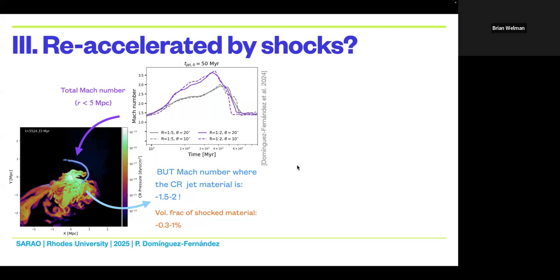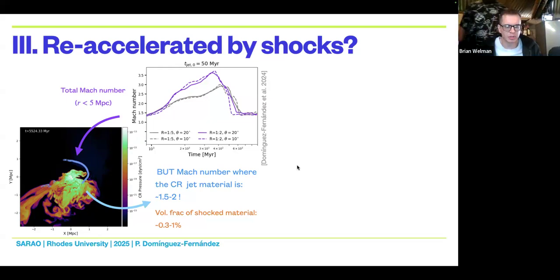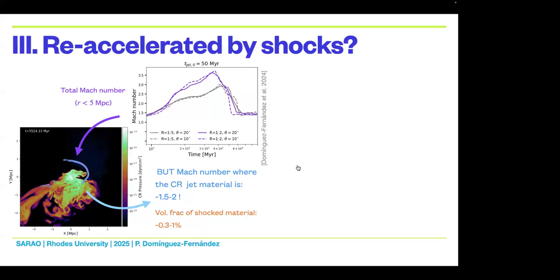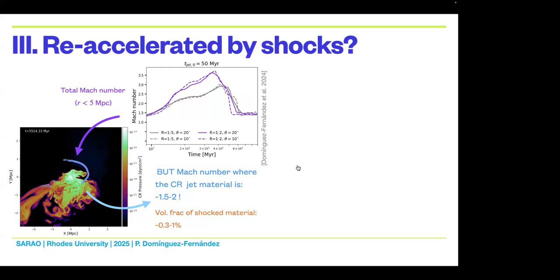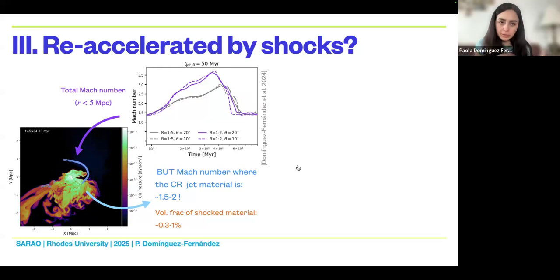Thanks again. I just wanted to ask, are you able to produce spectral index maps for the cosmic ray simulations? Yeah, so no. In this formalism I have the cosmic rays in the same grid.